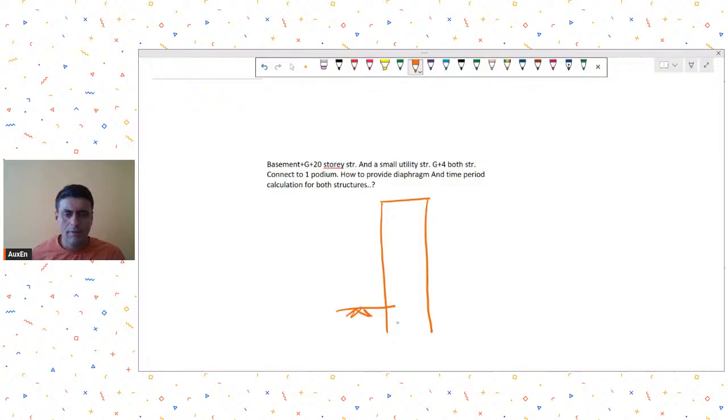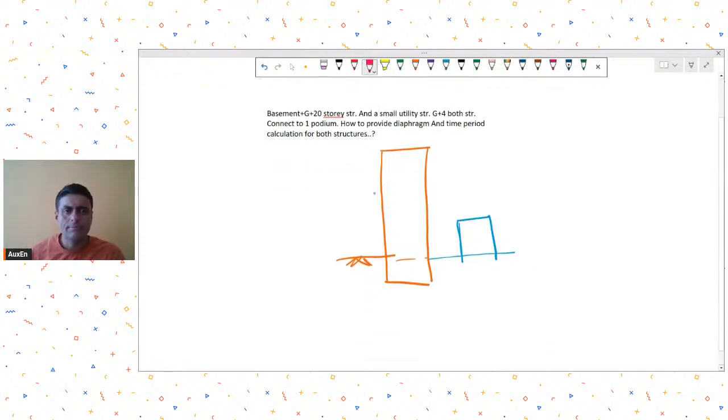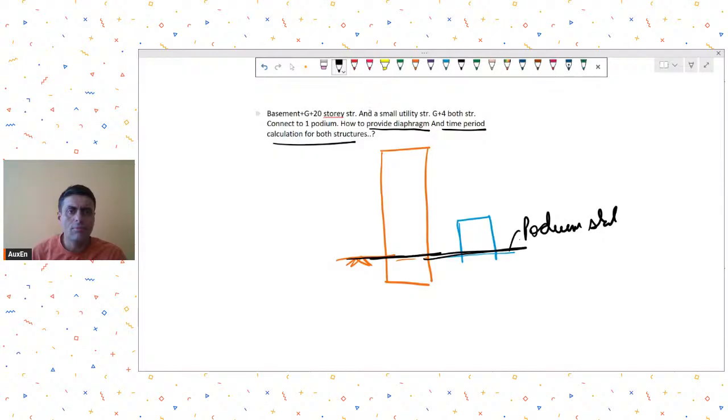And maybe it has some basement. And then he has a 4-story structure also like this. I think that does not have a basement. And they are connected with a common podium. So they are connected, let's say, through this common maybe podium slab. Now he is saying how to provide diaphragm and time period calculation for both structures.